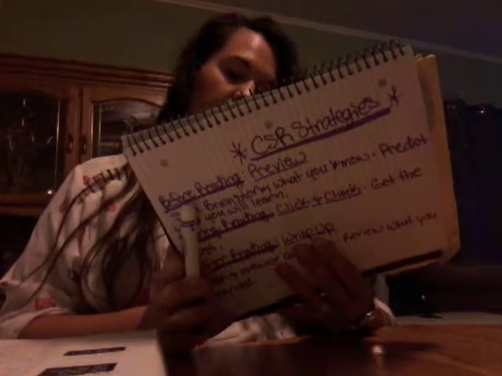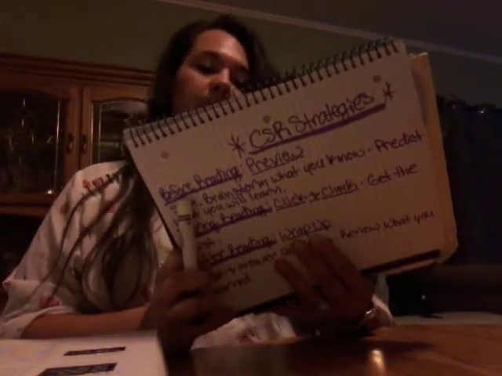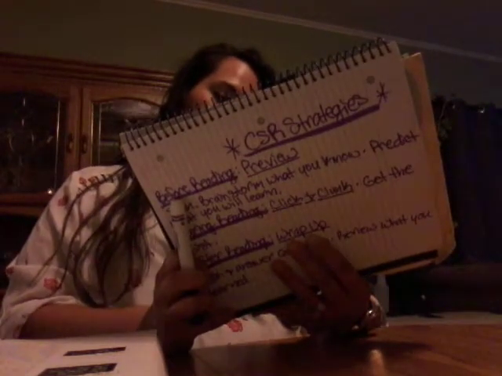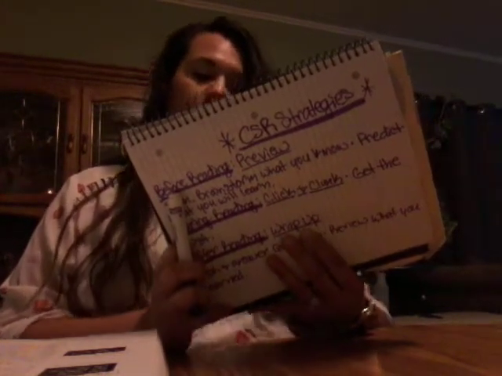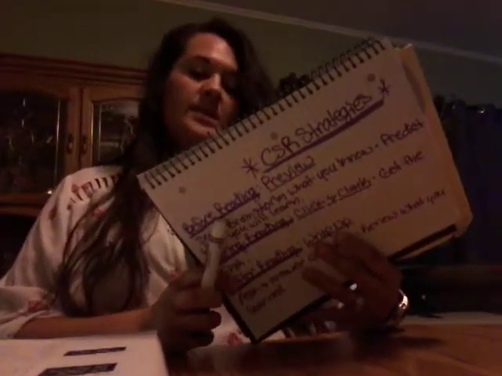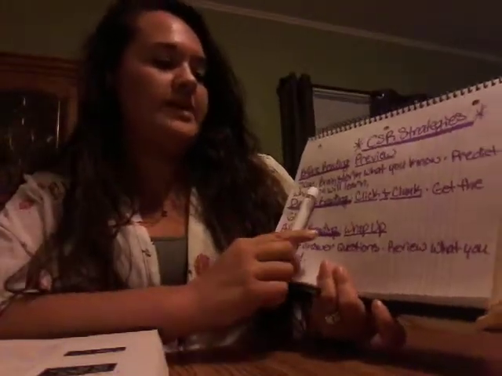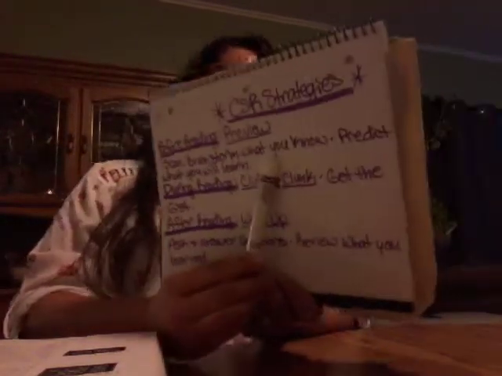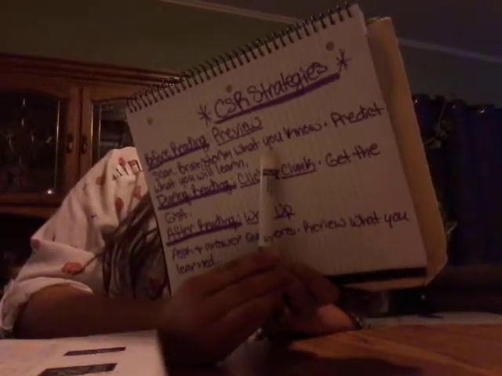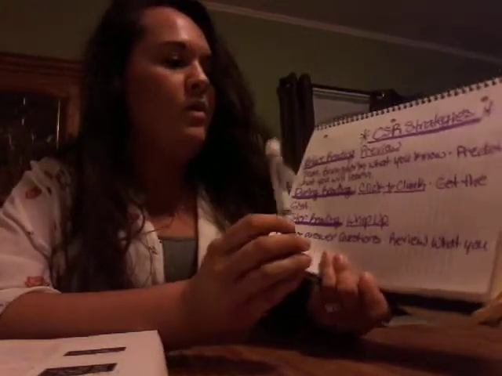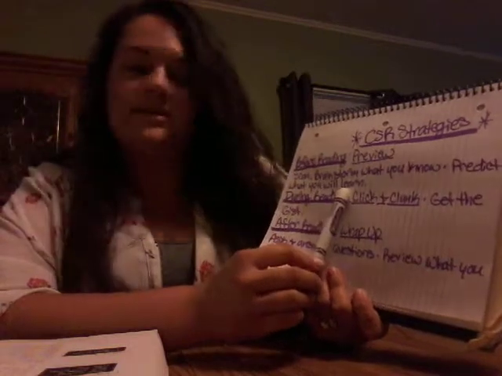And good readers preview a selection before reading it. And previewing has 3 steps. And these 3 steps are scanning the text, brainstorming what you already know on the topic, and predicting what you're going to learn next.